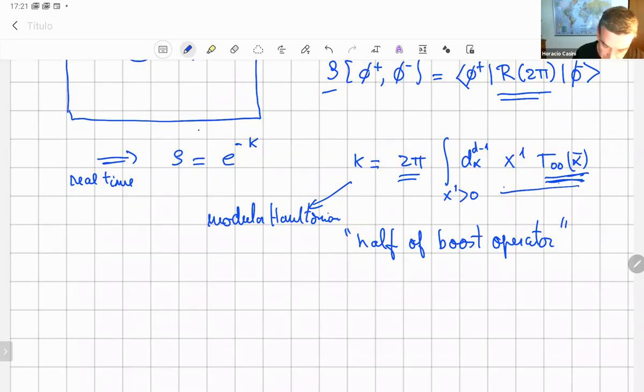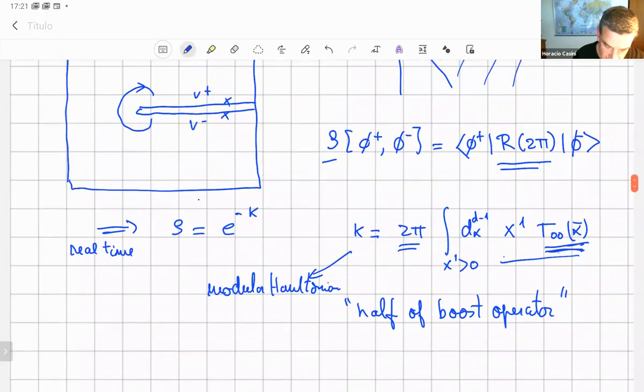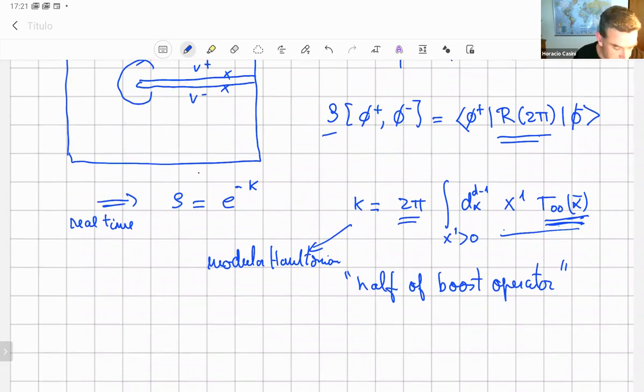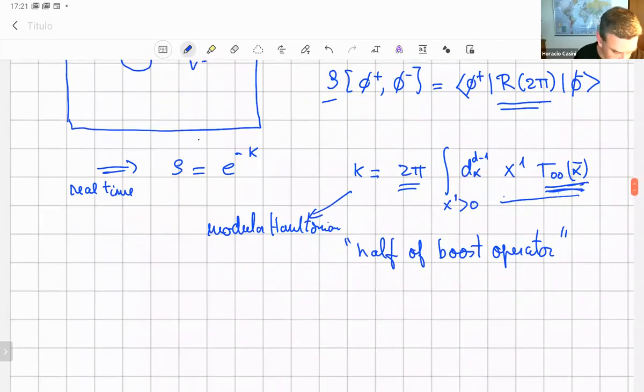And this is quite peculiar. It doesn't hold for non-relativistic theories, for relativistic theories with different states than the vacuum or different regions. So it holds only in this particular case, or in general cases which are related to this one by symmetries.